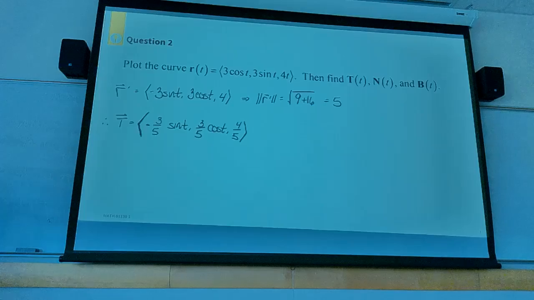The unit normal vector is tangent to the unit tangent. So the normal vector is tangent to the tangent, which means we need to take the derivative of T and then find its length so we can normalize it.